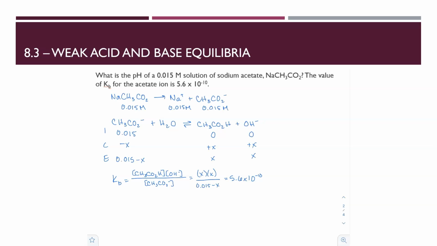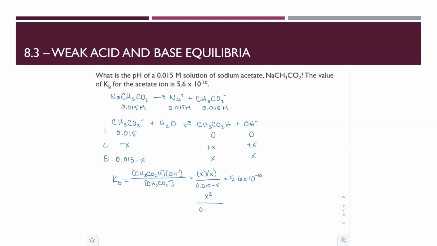Now, we could work this out and solve the quadratic, or we could look at our Kb value and notice that it's a very, very small number, which means that it's going to very much favor the reactants over the products. So most of it is going to stay as the acetate ion, which means we're going to have very little change in the concentration of the acetate ion. So we can make the assumption that 0.015 is essentially not going to change.